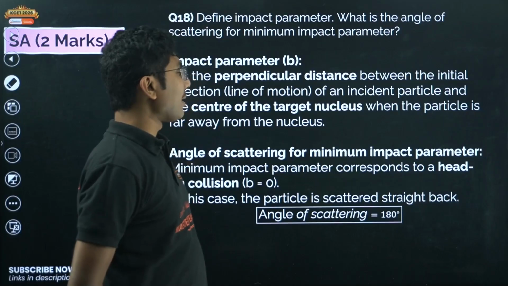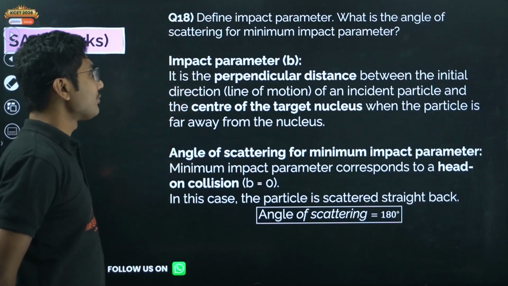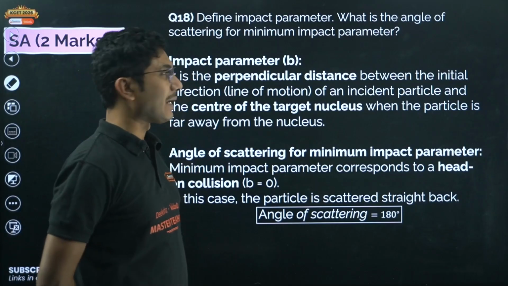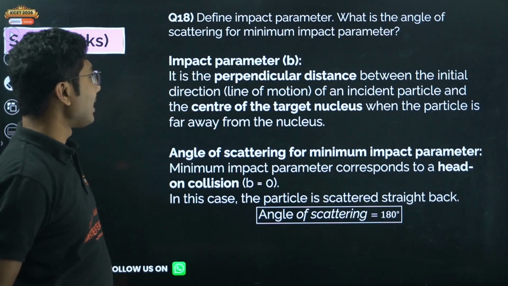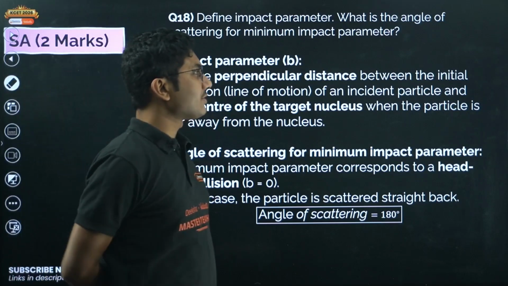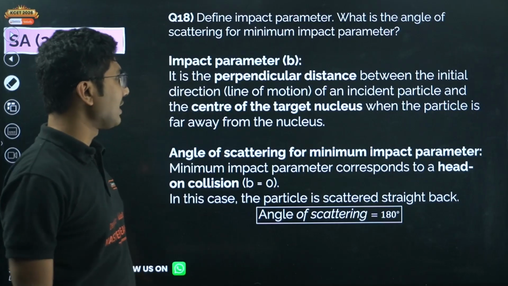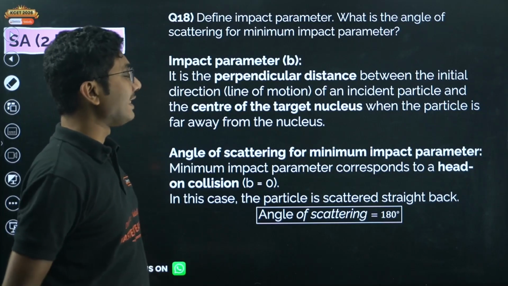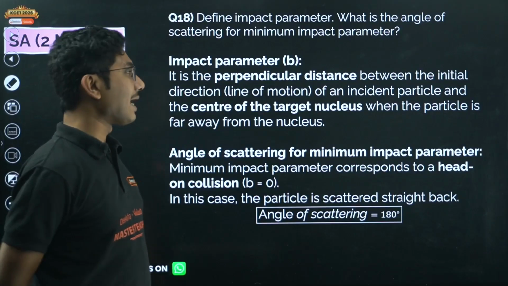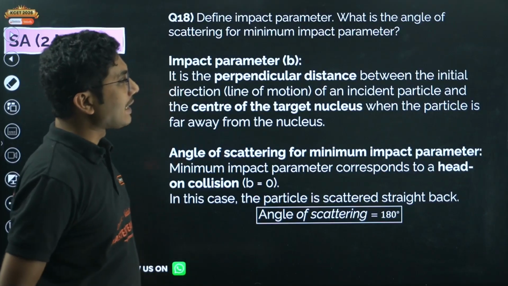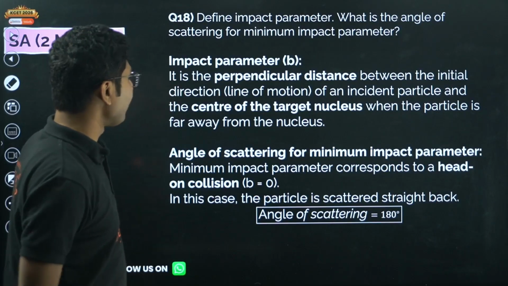Define impact parameter. What is the angle of scattering for minimum impact parameter? So impact parameter b is defined as the perpendicular distance between the initial direction line of motion of an incident particle and the center of the target nucleus when the particle is far away from the nucleus.